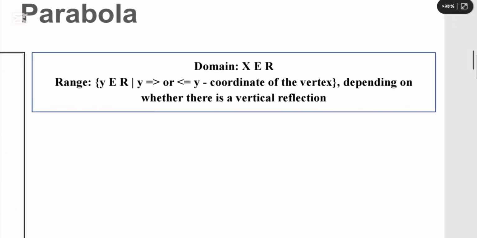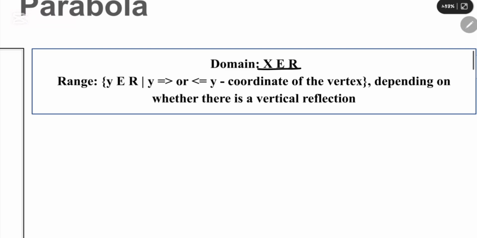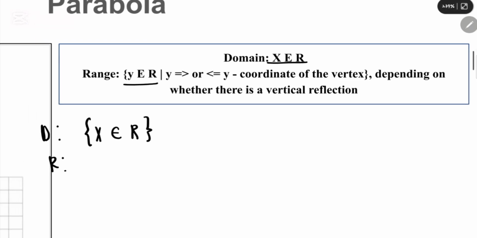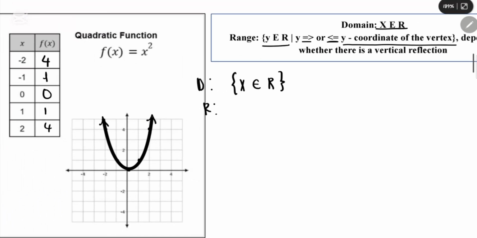And for domain and range, the domain is x ∈ ℝ, which means x is an element of all real numbers. You would express it like this. So your domain like that, and your range would be y ∈ ℝ, such that y is either bigger or equal to, or smaller or equal to, the y coordinate of the vertex, depending on if it's flipping upwards or downwards, basically.